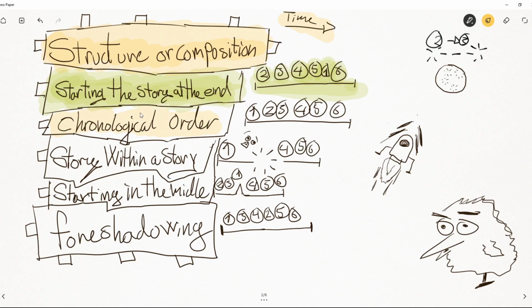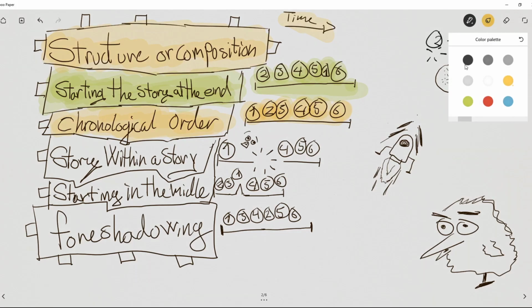If you don't think about what you are going to write, you would most likely be telling stuff in chronological order, and that means that you are telling it according to time. Chronos, that is of course Greek for time, and also like a titan, an old god. So you're just telling it in the order that it happened.